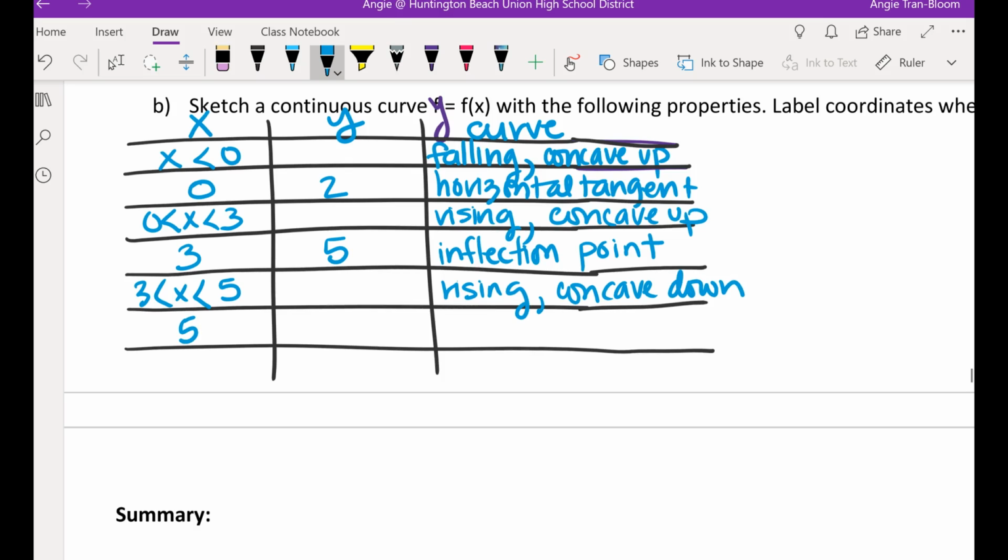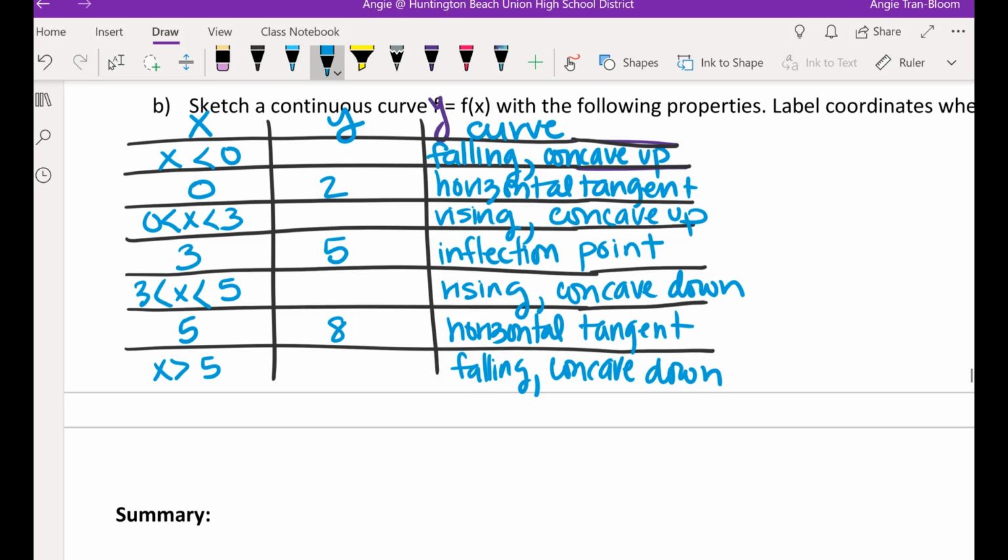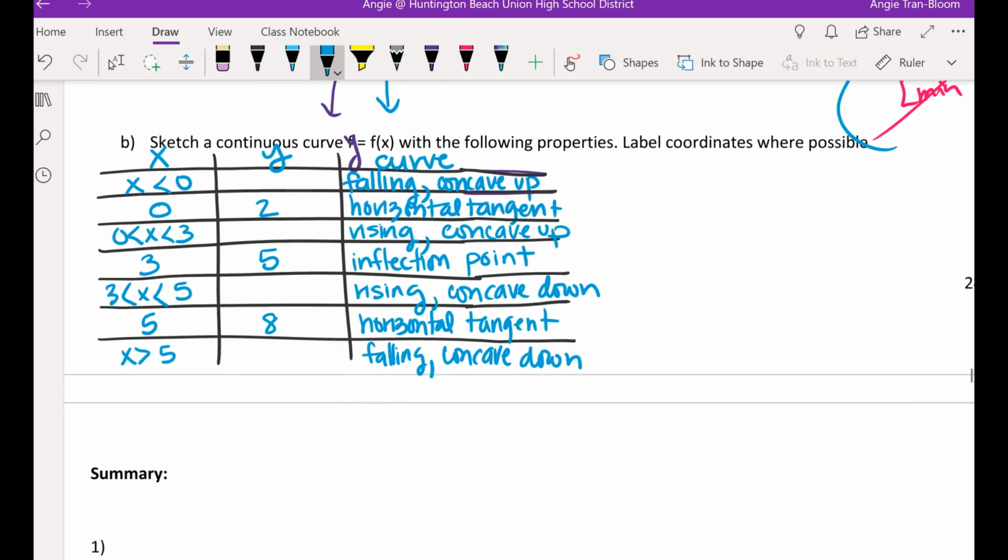At 5, you should have an output of 8, and I would like for you to show me that it is a horizontal tangent at this location. And your last information, everything bigger than 5, I would like for you to show me that the curve is falling and concaving down. Okay, so those are just the description, and now you have to graph it out for me.